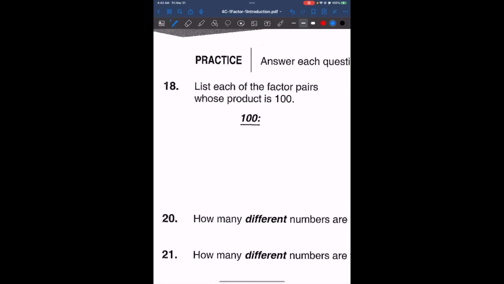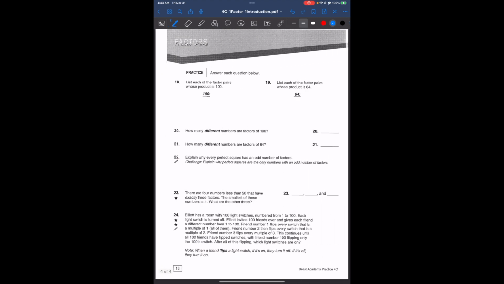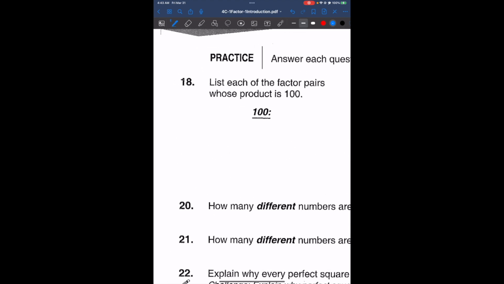Now it says list each of the factor pairs whose product is 100. So we have 1 and 100, 2 and 50, 4 and 25, 5 and 20, and 10 and 10.